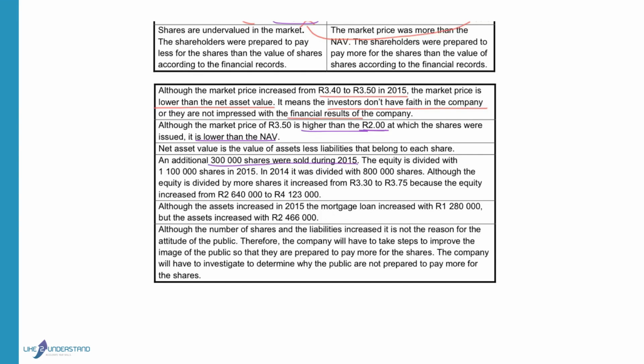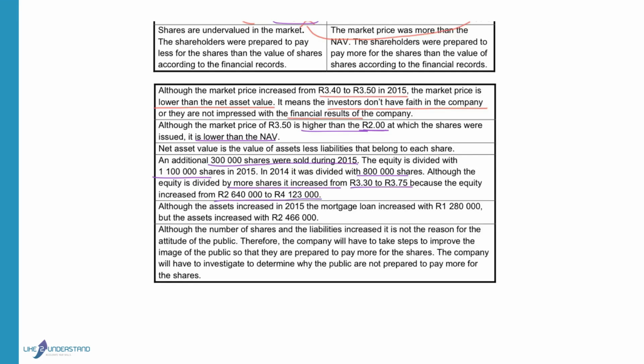The equity divided by 1.1 million. In 2014, it was divided by 800,000 shares because we issued more shares in the current year. Although the equity is divided by more shares, it increased from R3.30 to R3.75 because the equity also increased.